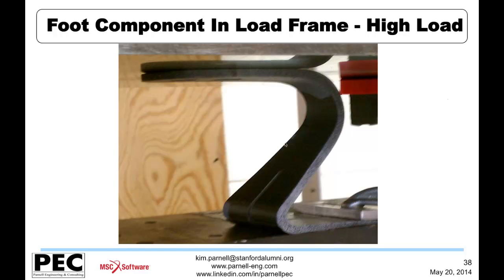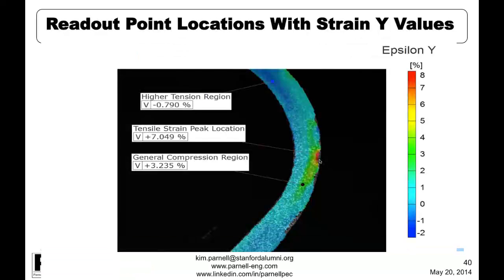Here you'll see this heel component with these basically white speckled paint droplets on here that'll be used as the tracking points by the software. So you get a rather fine pattern of dots, and with good resolution on the cameras, you can compute good, well-resolved fields through the thickness zone.